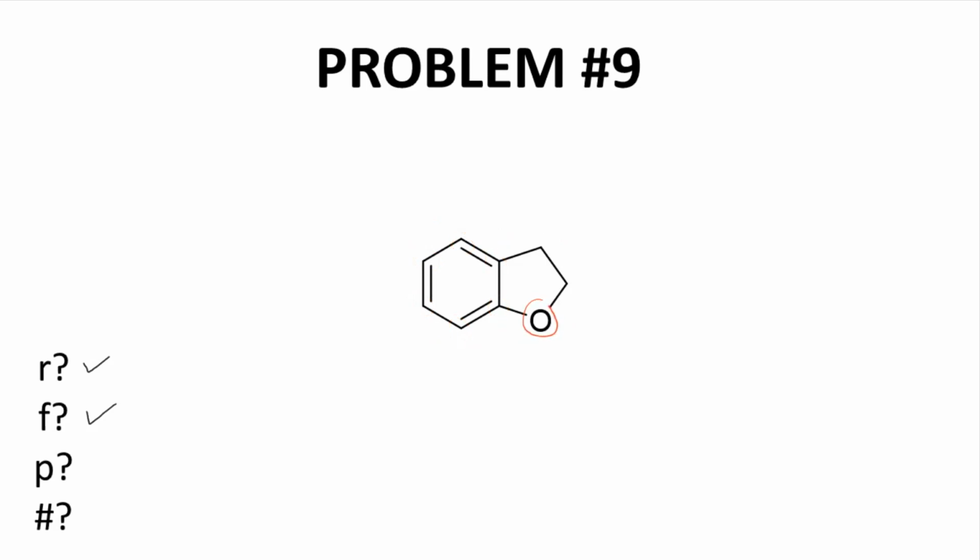This oxygen, we could say one of those lone pairs is in a p orbital and the other would not be, so that's fine. These carbons, however, both have 2 hydrogens. Those are sp3 hybridized carbons. Those are going to prevent this larger ring from being aromatic. So this is not a larger aromatic ring.